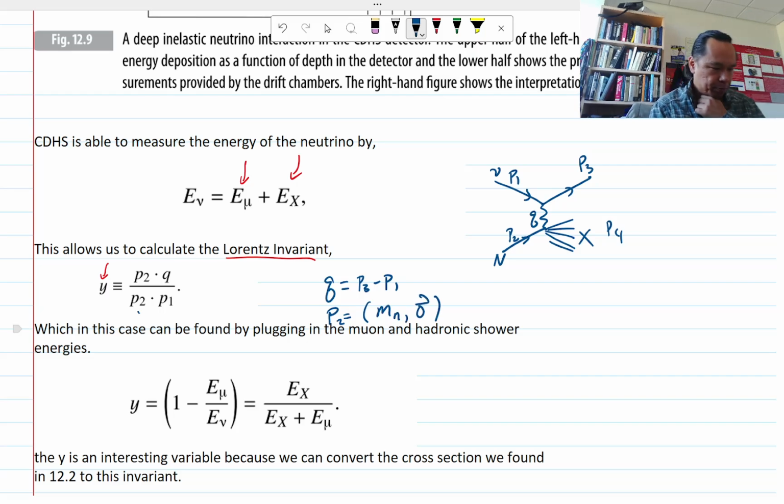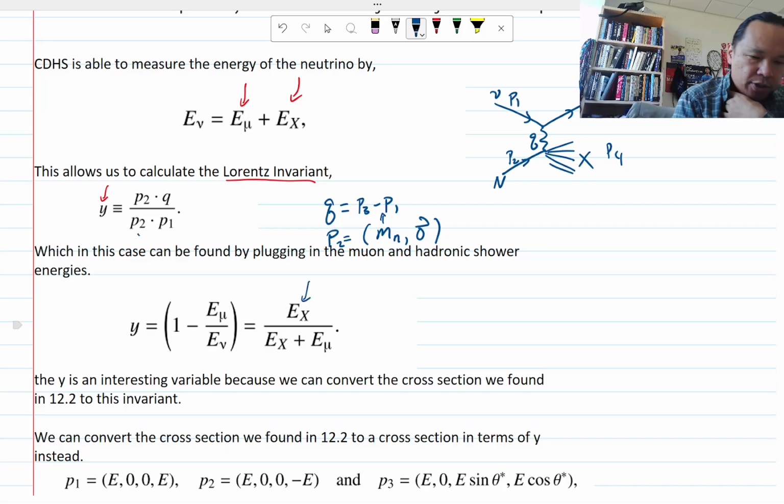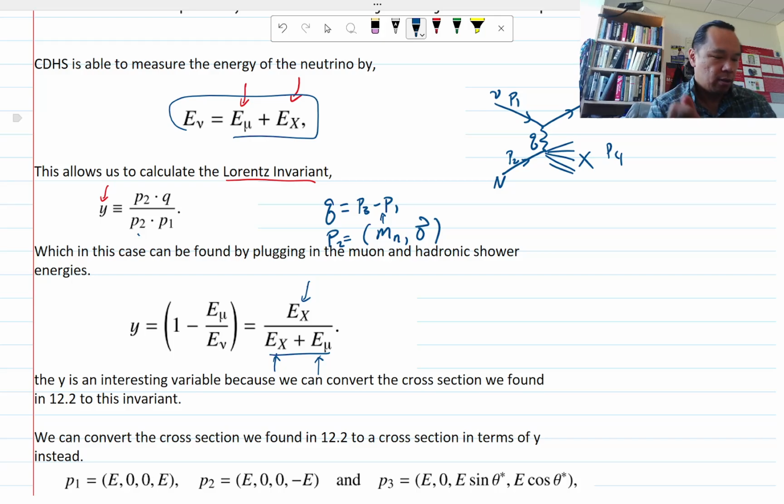Pretty simple. So you plug in all these momenta and do this dot product between them. What you'll find is that this Y just comes out to be the energy of the hadronic shower divided by the energy of the neutrino, and the energy of the neutrino is just the sum of the muon and hadronic shower energy.